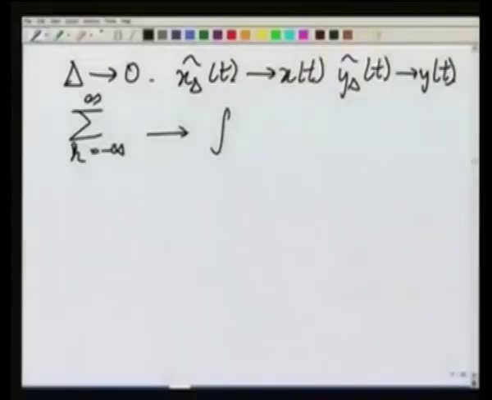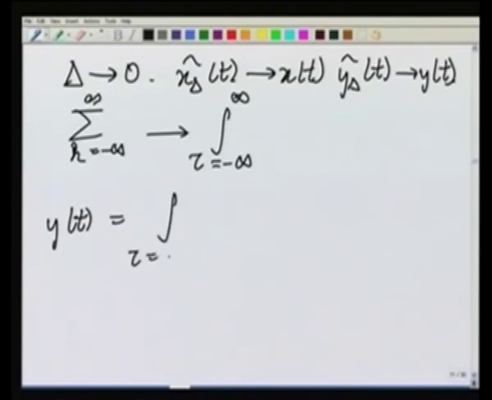So, we will actually get some continuous variable which we can say is tau going from minus infinity to infinity, and thus the entire expression for the exact y t as delta tends to 0 will be y t equals the integral from tau equal to minus infinity to tau equal to infinity.